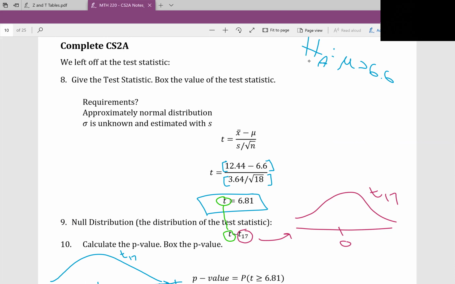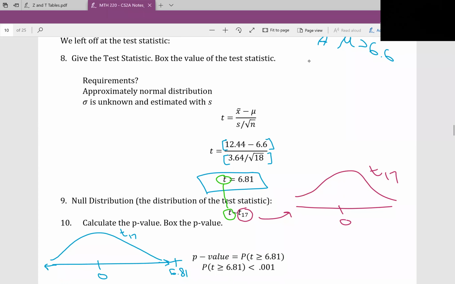So the probability that T is going to be greater than or equal to 6.81. I got that greater than from HA. I got 6.81 from the calculated test statistic. And so my picture is that I'm going to want to shade everything above 6.81.